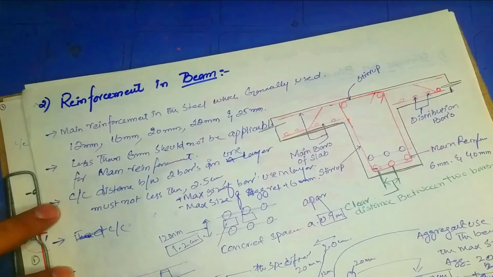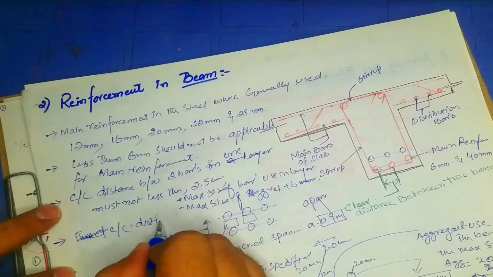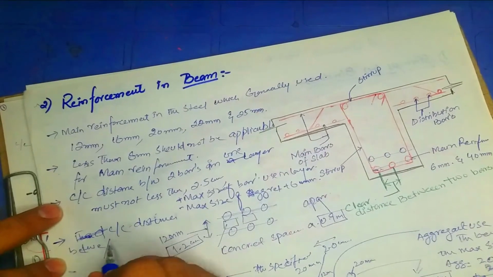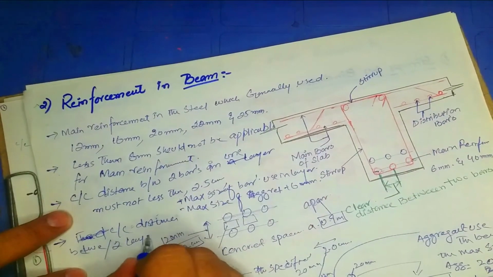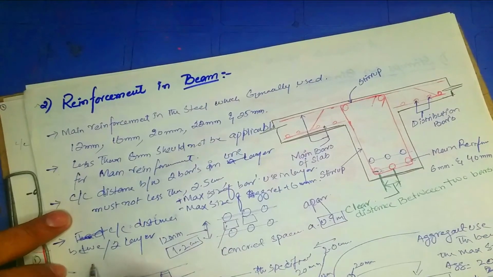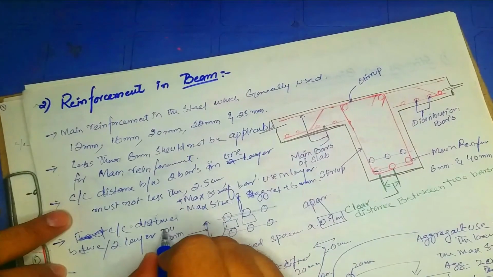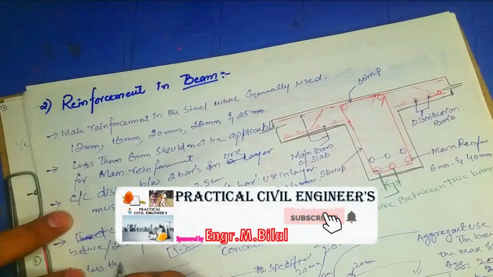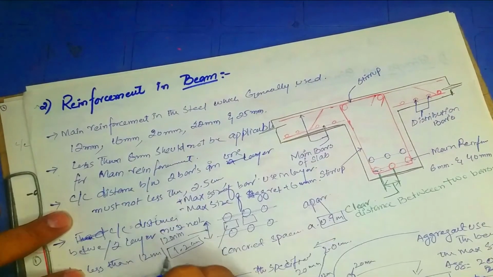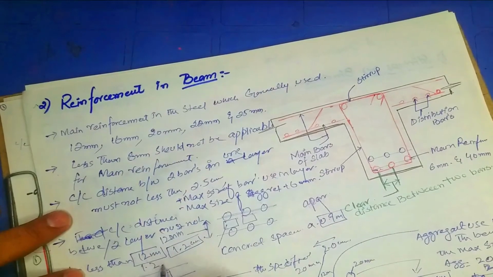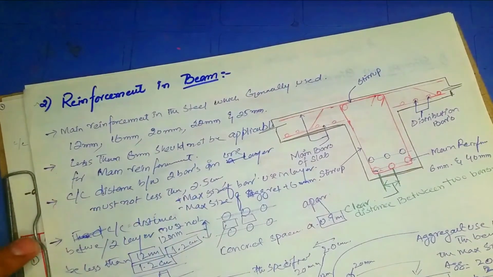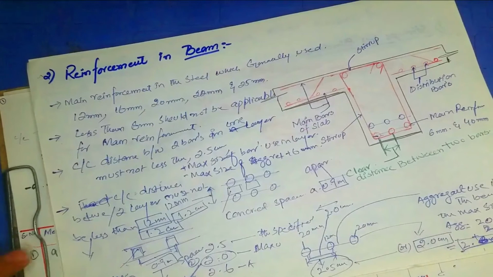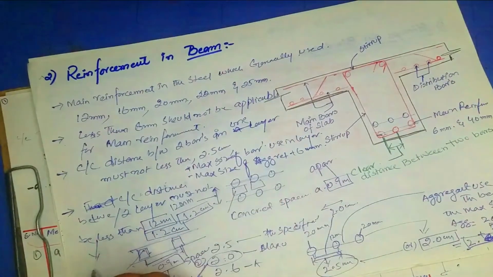The fourth point: the center to center distance between two layers must not be less than 12 mm or 1.2 centimeter. For maintaining the center to center distance, we provide spacers.